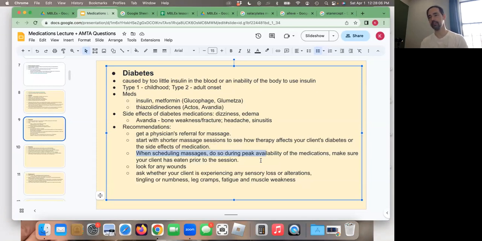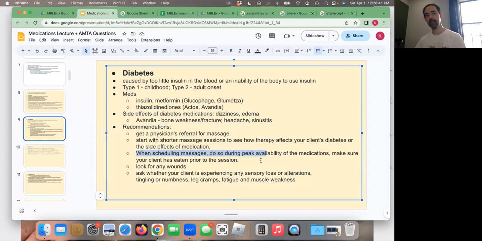So peak availability simply means asking them, will you have your insulin with you that day? Will you have taken your insulin as usual that day? And if they say, well, actually the massage is at 5 p.m. and then at 7 p.m. I'm going to head over to the drugstore to pick up my insulin, then just say, okay, let's have the massage the day before that when you still have adequate insulin, or the day after, not on a day when you have yet to take your dose, or have to go get it for the next day.